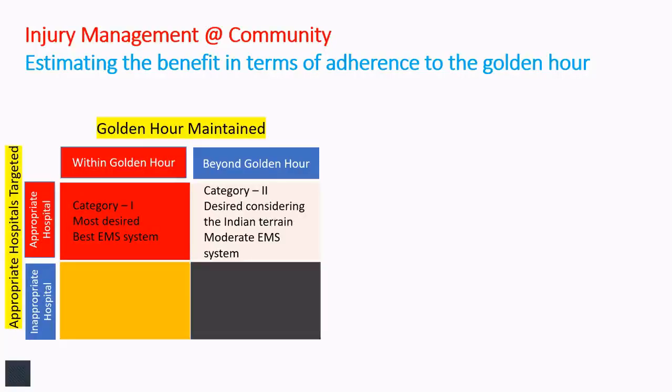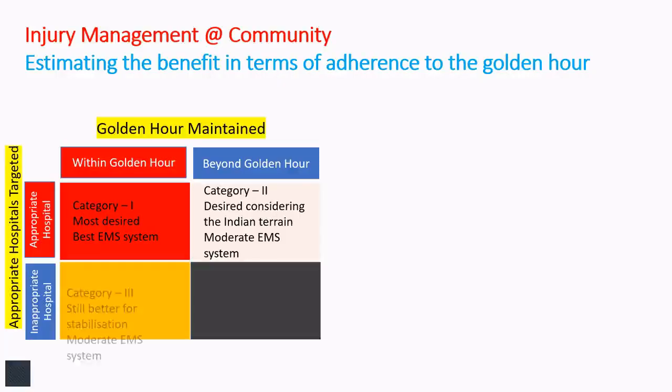From that perspective, it is a desired situation. Considering there may be traffic problems and difficult terrain in any country like India, this is still considered a better situation compared to other conditions where the hospital may not be appropriate or some facilities may not be available in the hospital.